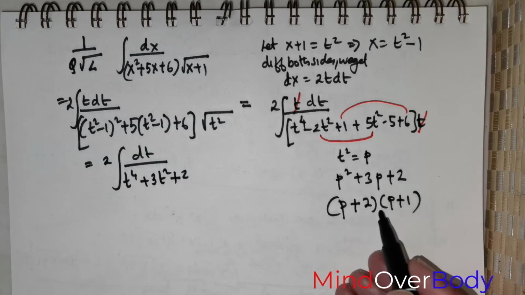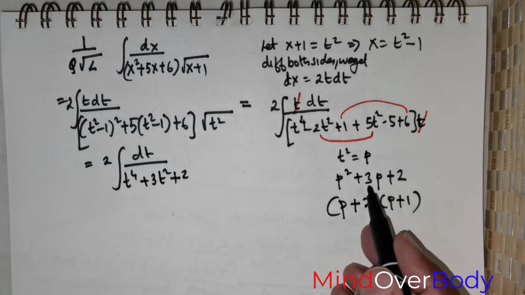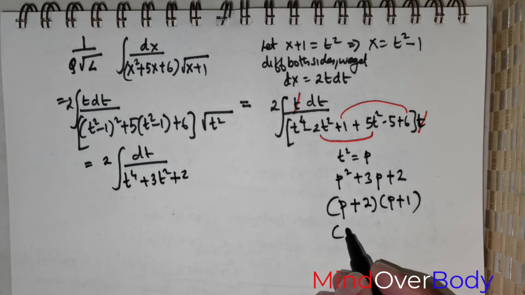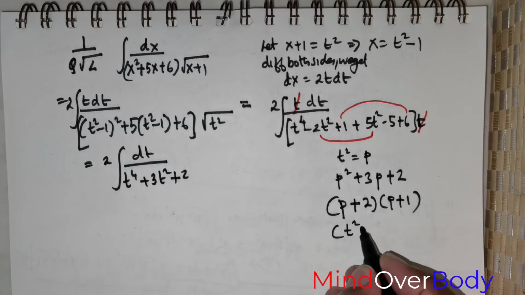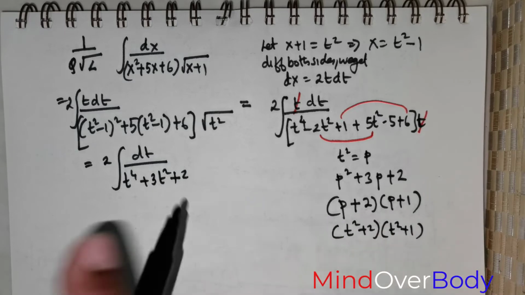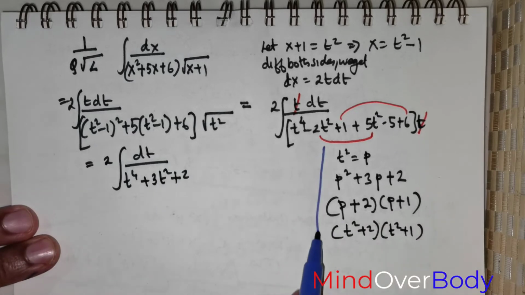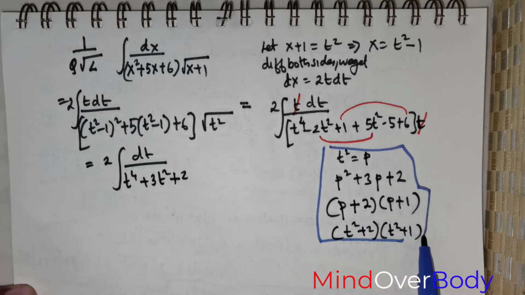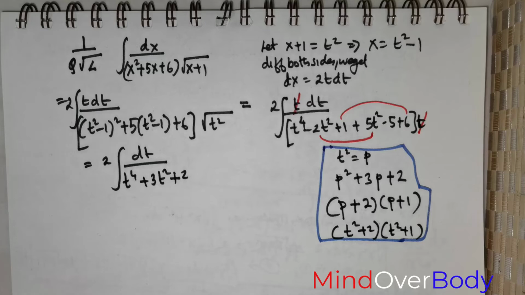So p into p is p squared, 2p and a p will give you 3p, 2 times 1 will give you 2. Now you can revert p to t squared, so that's going to be t squared positive 2 times t squared positive 1. Right, this is done just for understanding.